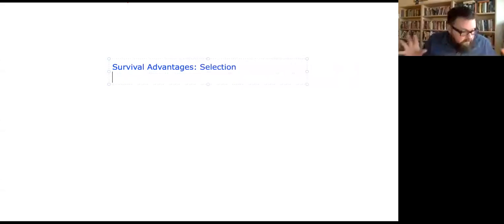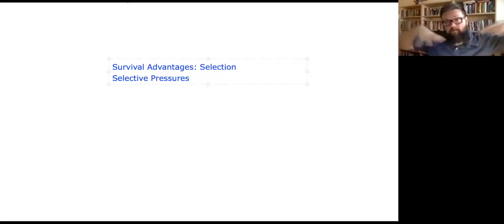Let's see how survival advantages can work. The first thing you need to know is that there are selective pressures. So there are things in the world, and remember, the world includes other individuals of your species or of another species, that put survival pressure on the organism.